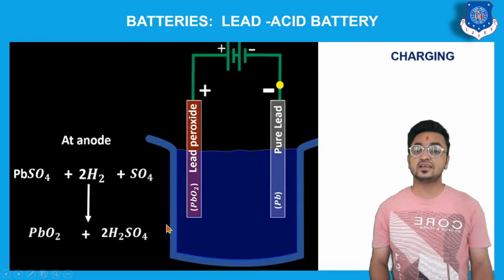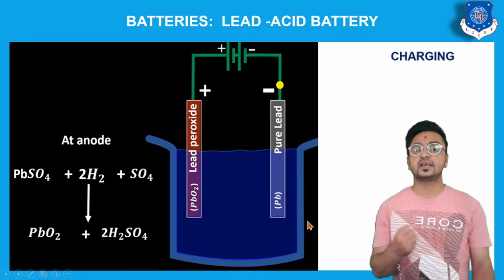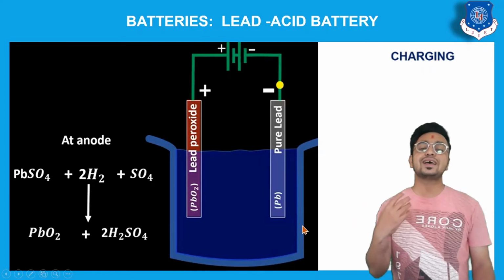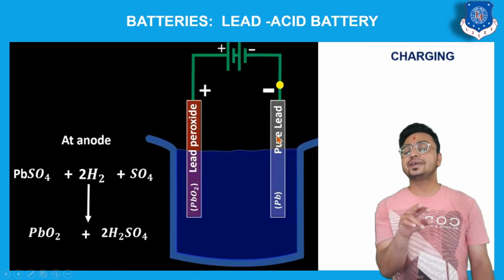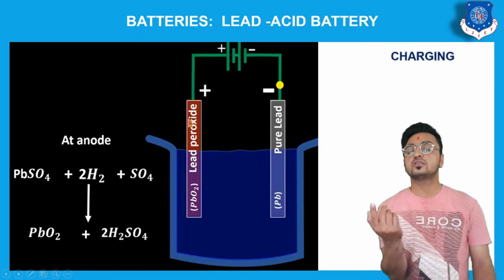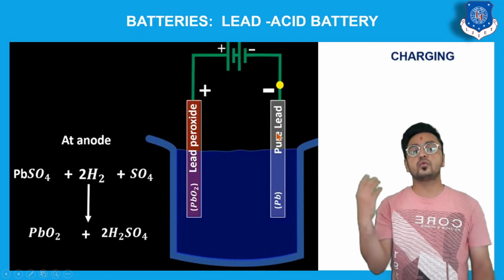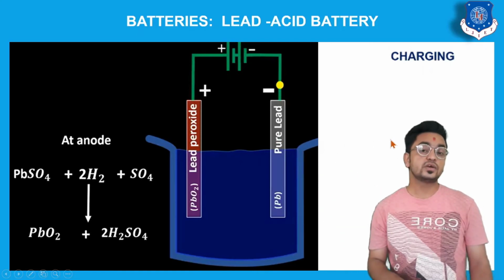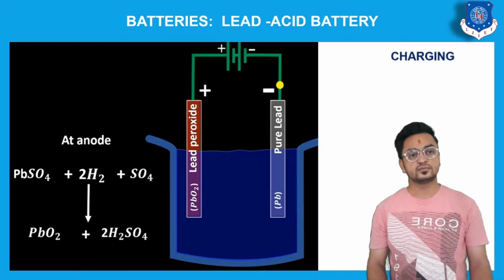So basically, here we are getting H2SO4 from the anode as well as the cathode. So it will increase the level of H2SO4 again over here. So basically, it will create the potential difference on this plate again, as it was generated when we initially charged the battery. So this way we can again charge the battery over here.